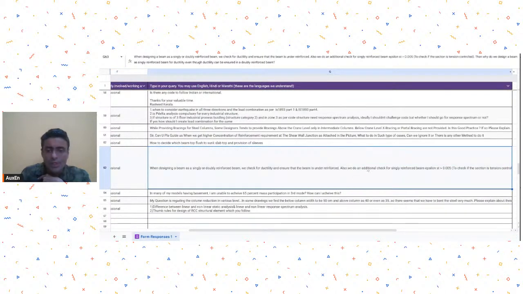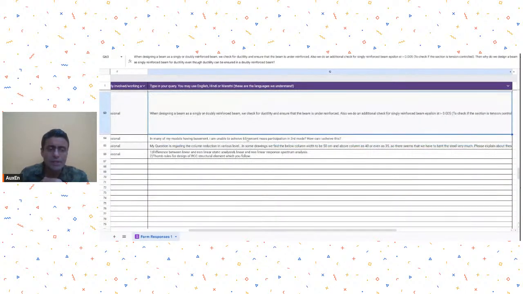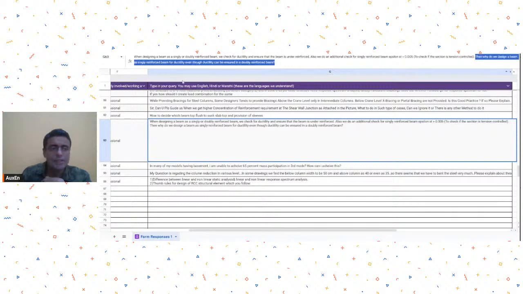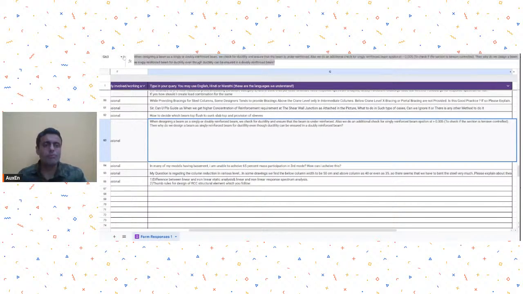Also, we do an additional check for singly reinforced beam where we check the strain in steel and whether the section is tension controlled or not. So that is almost saying that that is the check for under reinforced, over reinforced. So what is this question? Then why do we design a beam as singly reinforced beam for ductility, even though ductility can be ensured in a doubly reinforced beam?